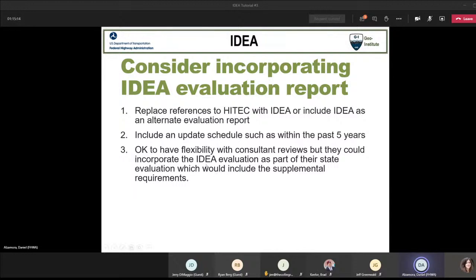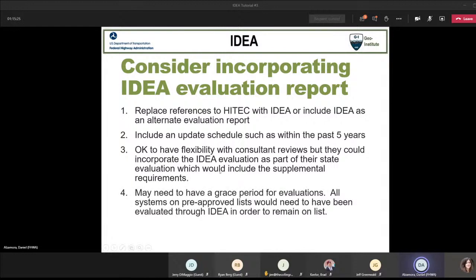But again, it would make everybody's life a lot easier by having that IDEA evaluation incorporated into what the consultants are reviewing. It just shortcuts the process a little bit.